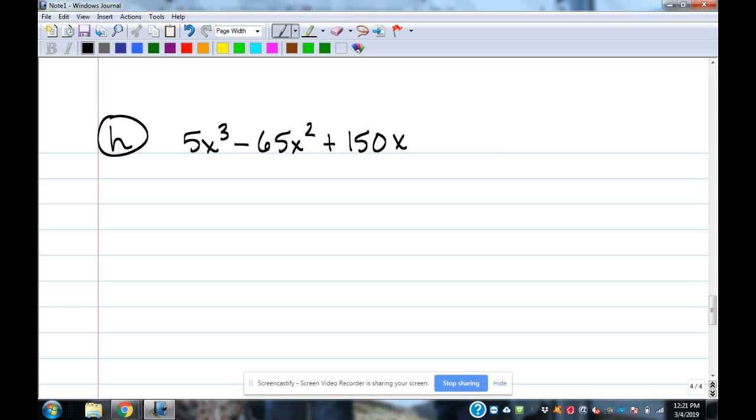Five will go into all of them. Okay. What else do they all have in common, or do they have anything else in common? Everybody's got an X, right? So we could pull out a 5 and an X as a GCF. So 5X, and then what's that going to leave in the parentheses then if we just pull 5X out of everybody?